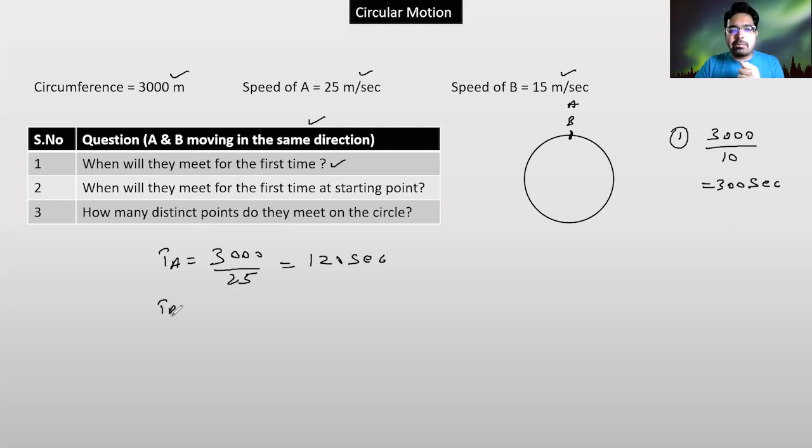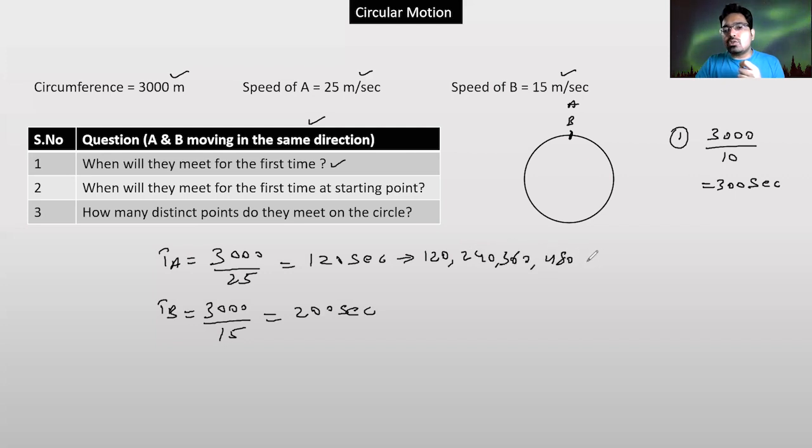Same way, time taken by B to come back to the starting point will be 3000 divided by 15. That will be 200 seconds. Now, please try and understand that A will keep coming back to the starting point at the end of every 120 seconds. That means 120, 240, 360, 480, so on and so forth, right?